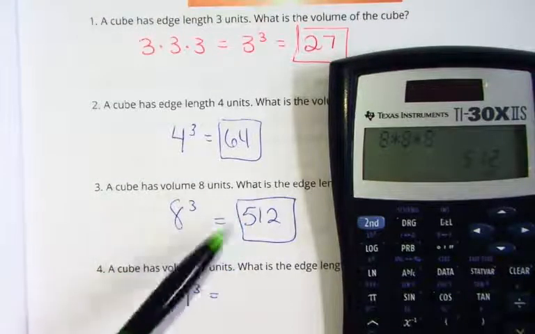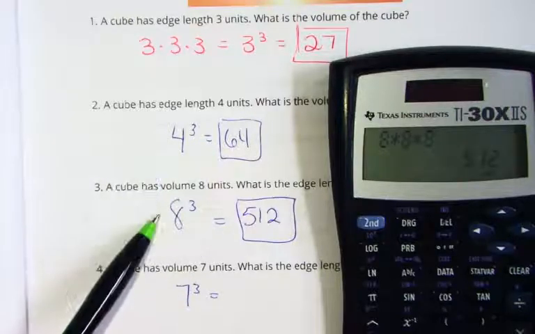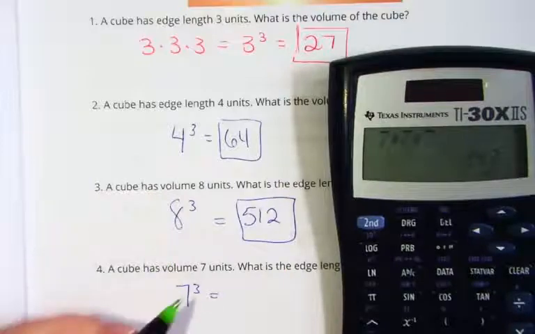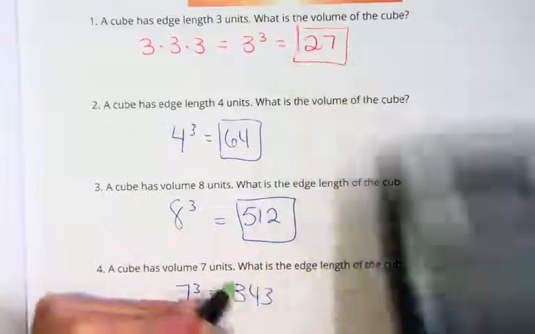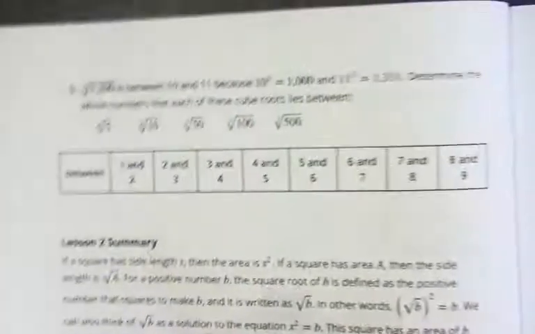Now I already know that the volume of 7 units better be between these two, because 7 is between 4 and 8. Good to go. So we're already seeing when we're going to use some of these values.